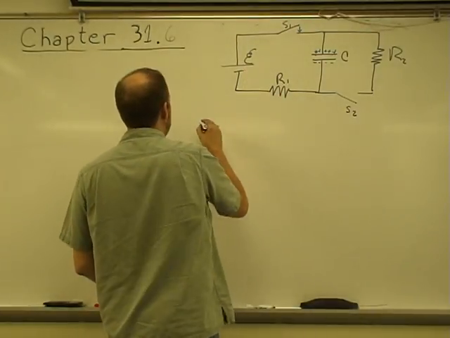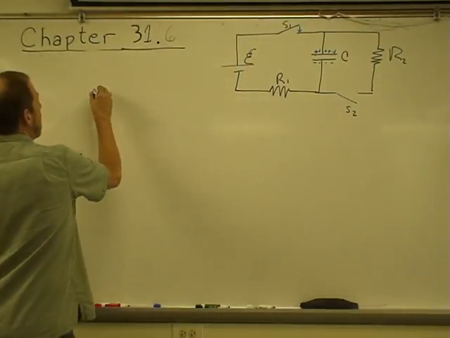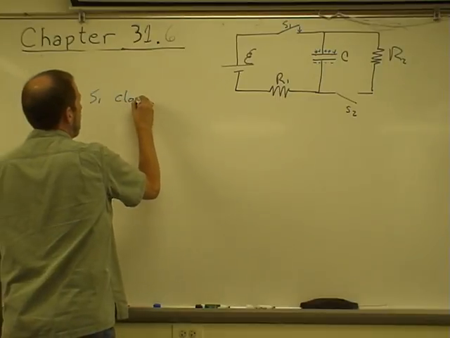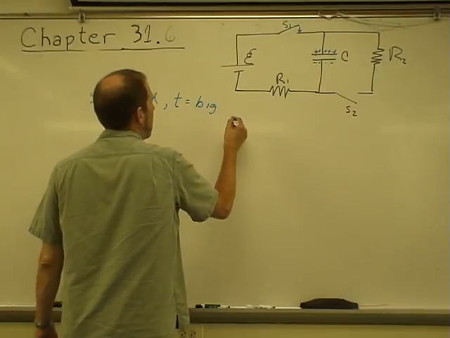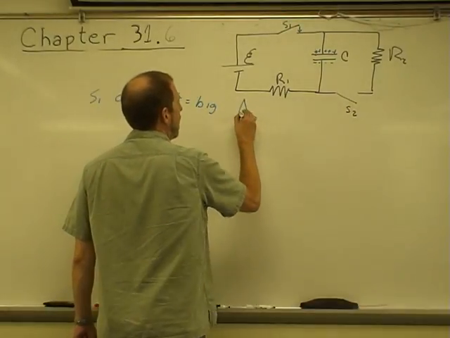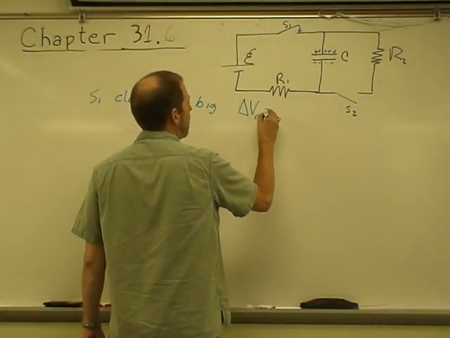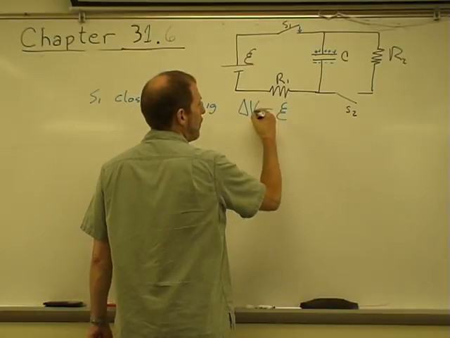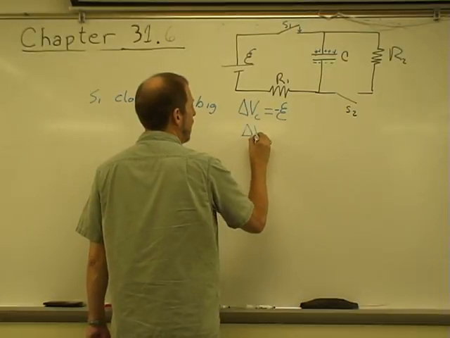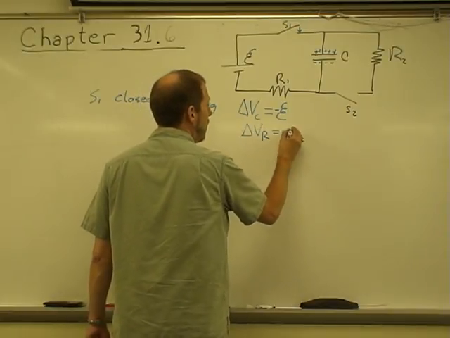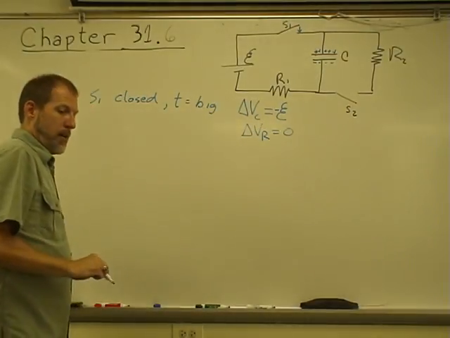So with S1 closed and t equals big, delta V over the capacitor will be equal to the EMF in the opposite direction, so the potential over the resistor will be 0.